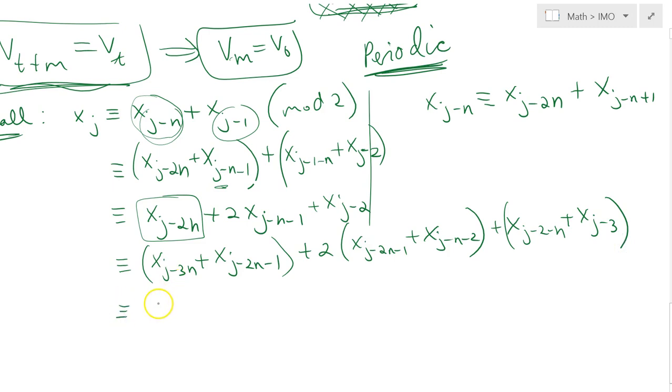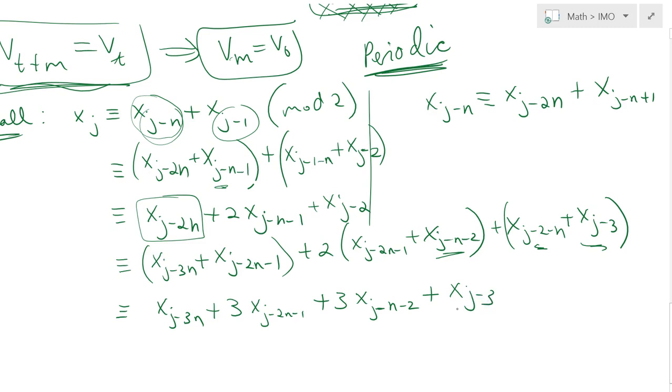okay, so we have x j minus 3n, and we have j minus 2n minus 1, j minus 2n minus 1, we have 2 here, 1 more here, so plus 3 of them here, 3x j minus 2n minus 1, plus, and then we have these two, 3x j minus 2n minus 2, plus, and then the last guy, x j minus 3.